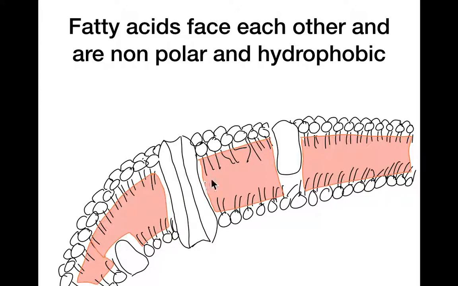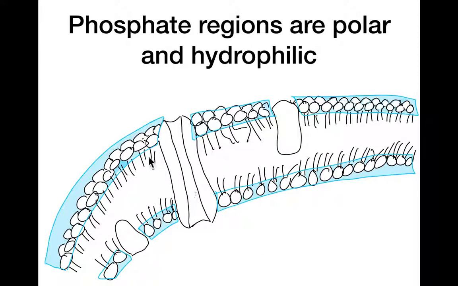This area here would allow small non-polar molecules to cross through, but it really is not advantageous for polar molecules to try to cross this line to get into or out of cells. Then the head region, this top part here, which I depicted in blue, is going to be completely hydrophilic. So that outside is going to allow water and anything that's polar to penetrate.